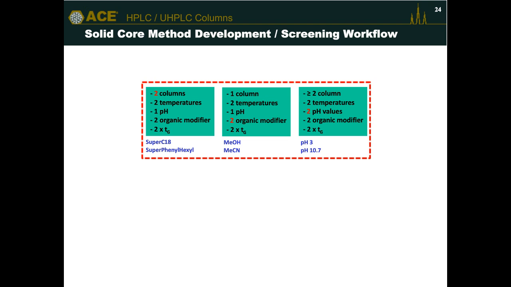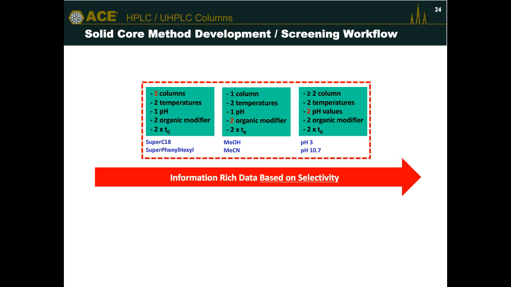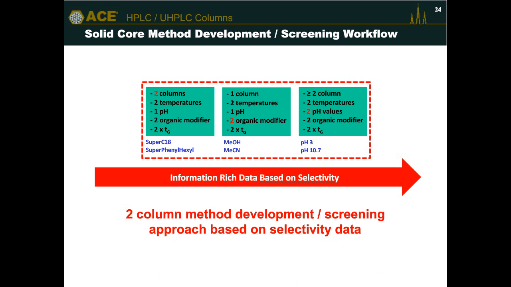You can look at more, and if you've got a more limited silica pH range, for example, you could look to stay within the pH range for those columns. But here we're looking at pH 3, so low pH, and pH 10.7. And using that, we get a good selectivity space. It's a two-column method development screening approach based on the selectivity that we know.